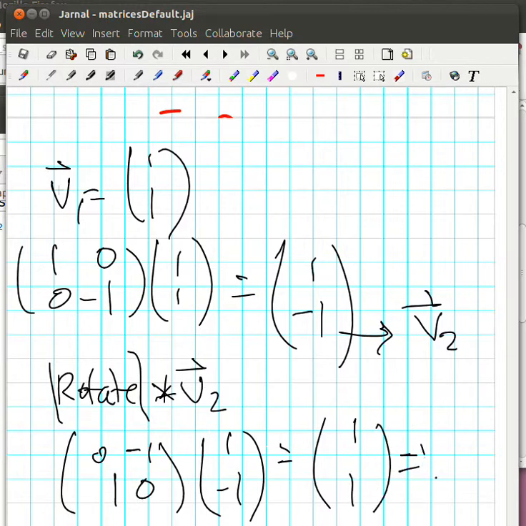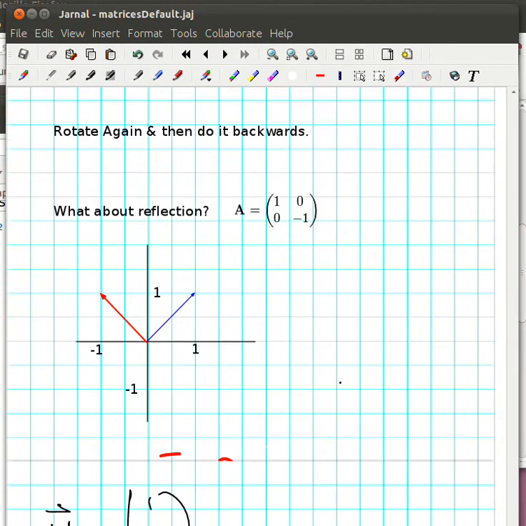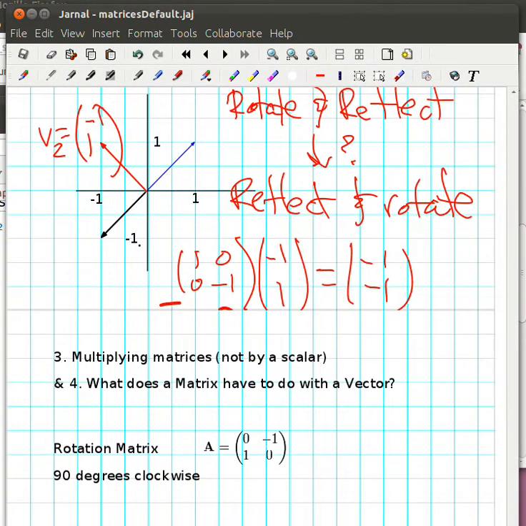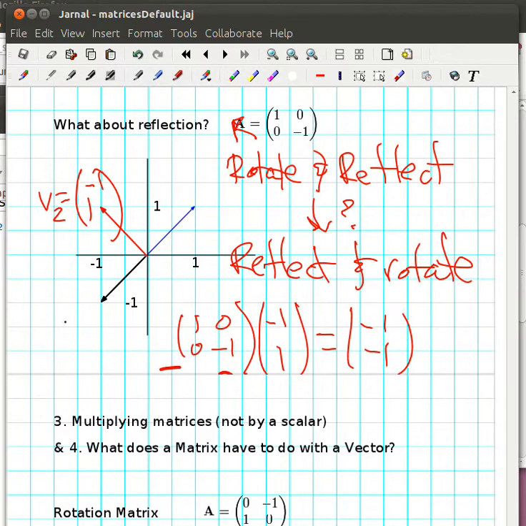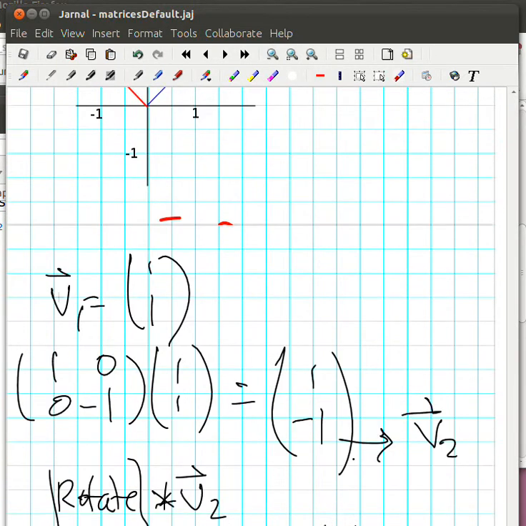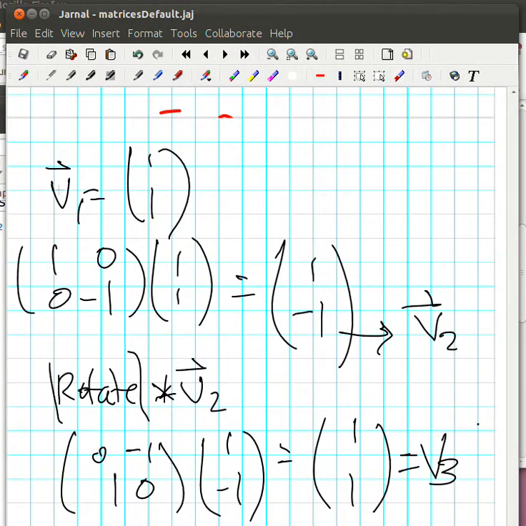So clearly v3 here looks different from the v3 that was here, because this v3 is -1 and 1, whereas we'll call this one v3 prime, which is 1 and 1.